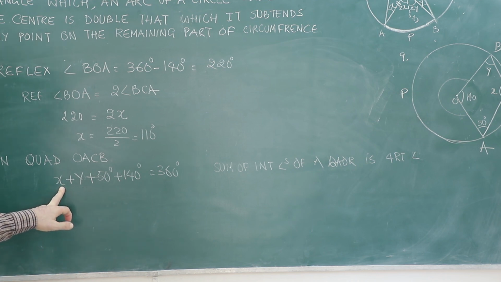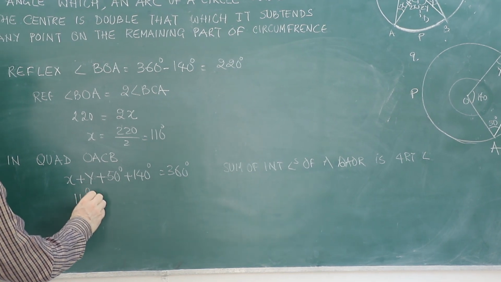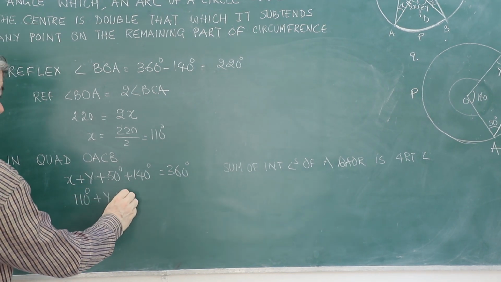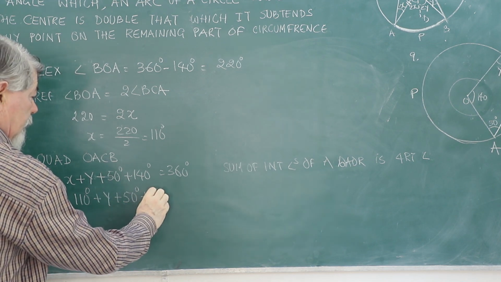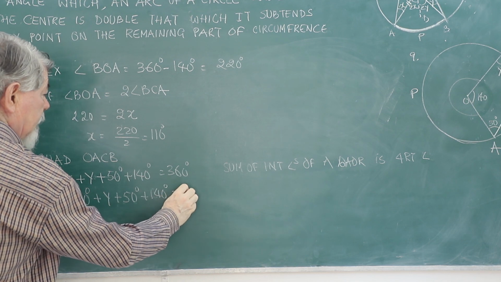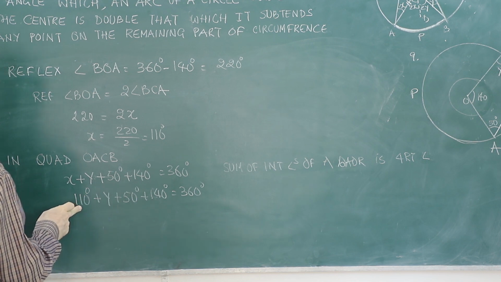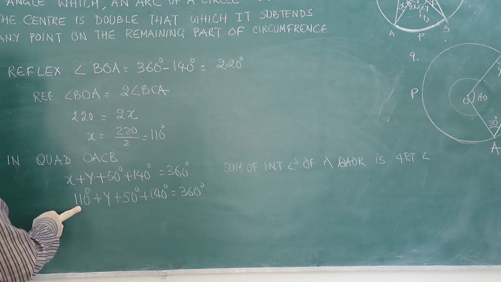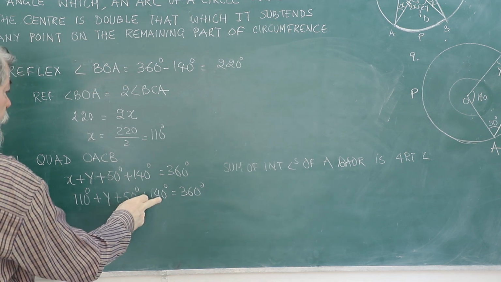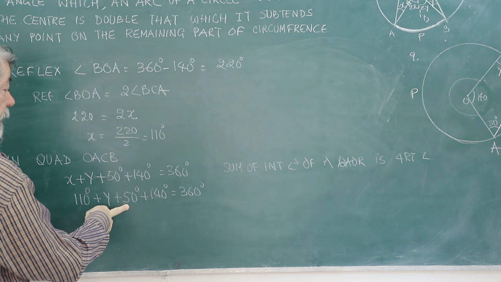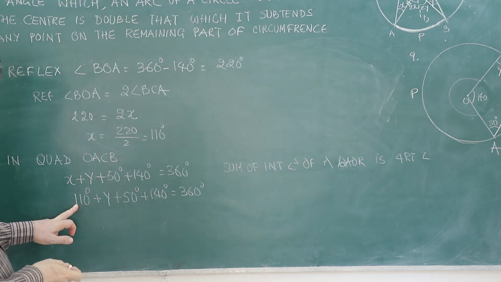I've already calculated the value of x. What is the value of x? 110 plus y plus 50 plus 140 is equal to 360 degrees. 140 plus 50 is 190. 190 plus 110 will be 300.